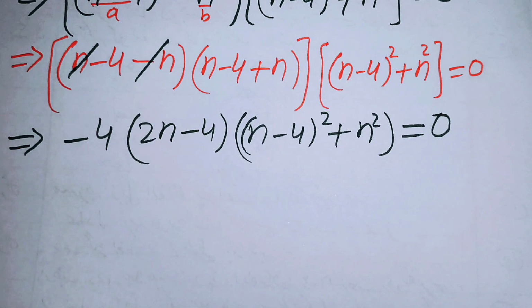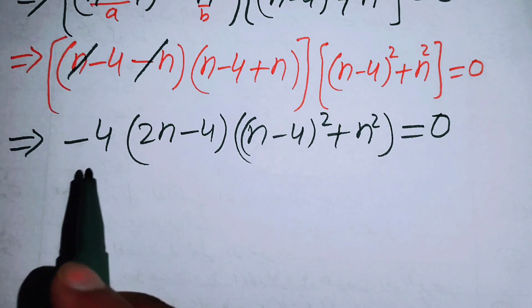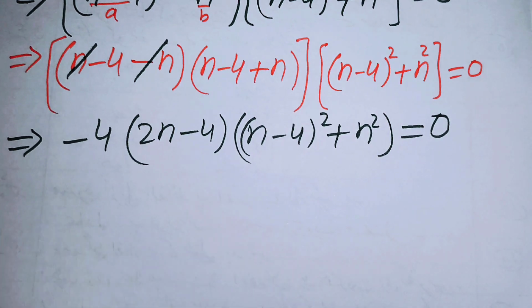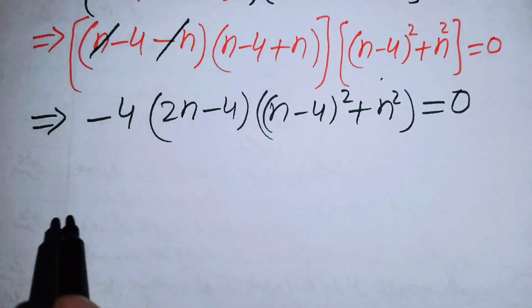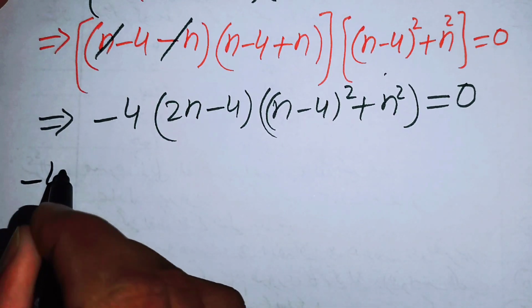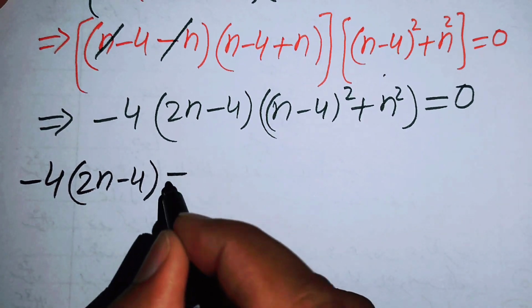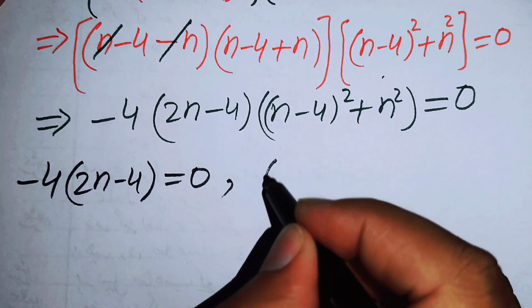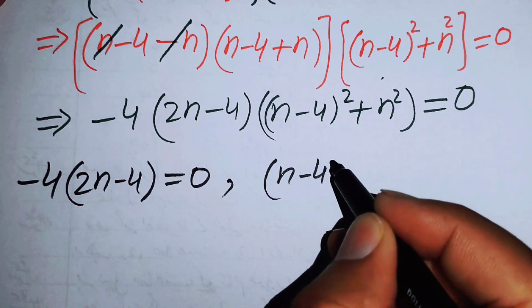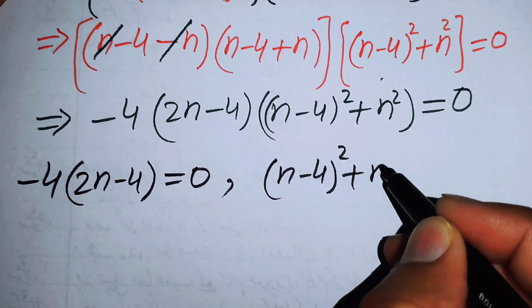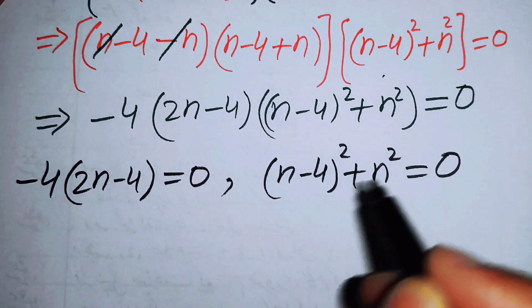So here we have two cases. The first case is we take minus 4 times (2n minus 4) is equal to 0, and the other case is we take this term is equal to 0. So here you have minus 4 times (2n minus 4) is equal to 0, and the other case is you take (n minus 4) squared plus n squared is equal to 0.